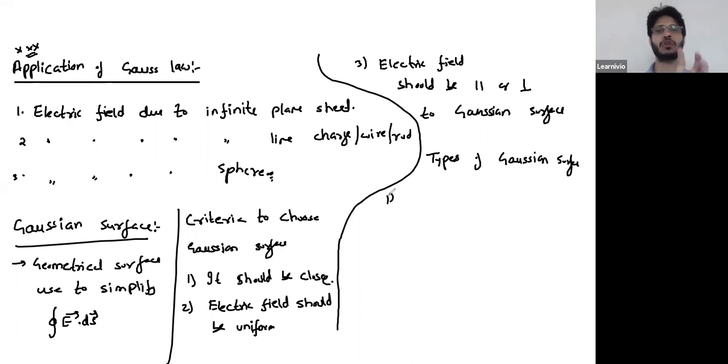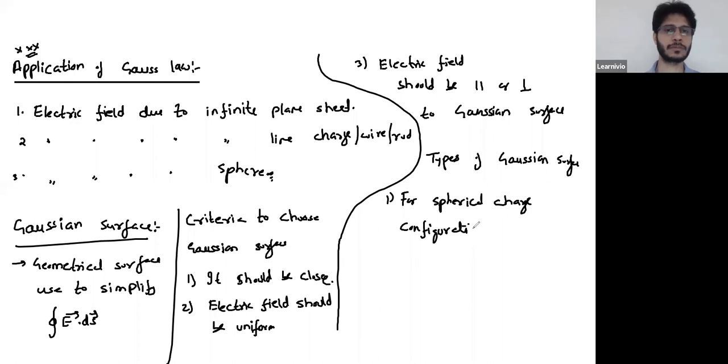If your charge configuration is spherical, your Gaussian surface is spherical.